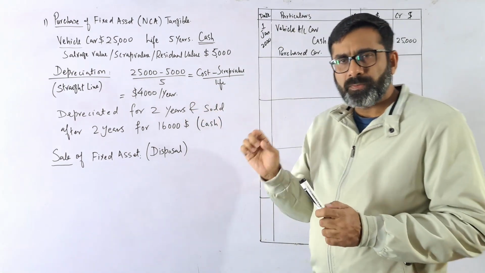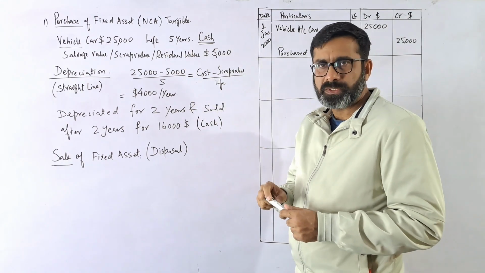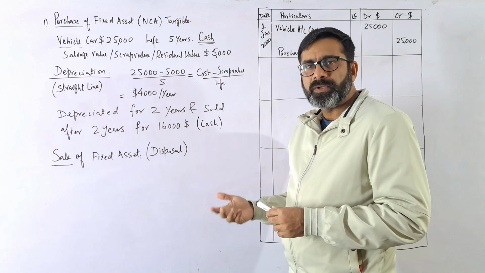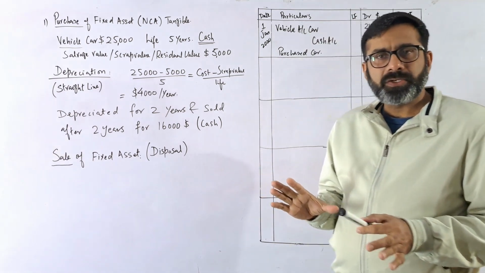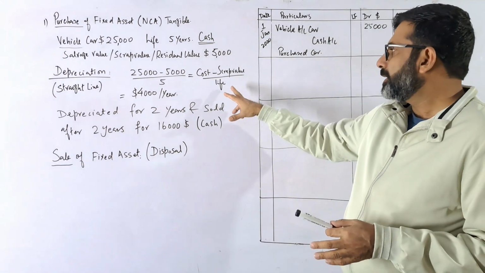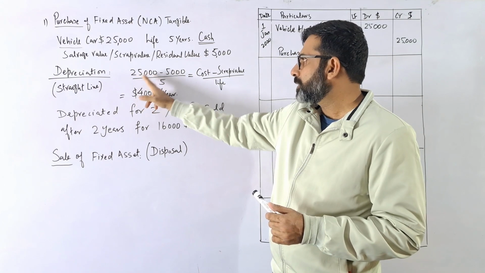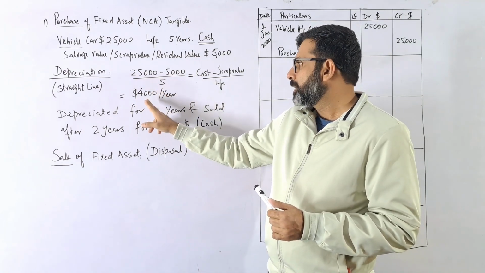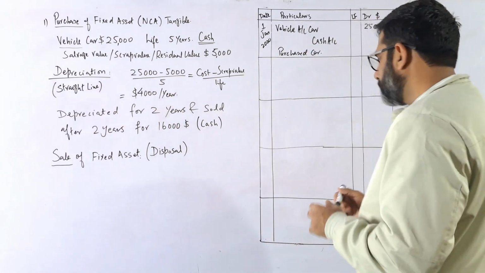So the formula is a little bit changed: the cost of the asset, $25,000, minus the expected salvage or scrap value, $5,000, divided by the life of 5 years. So $4,000 per year will be depreciated.